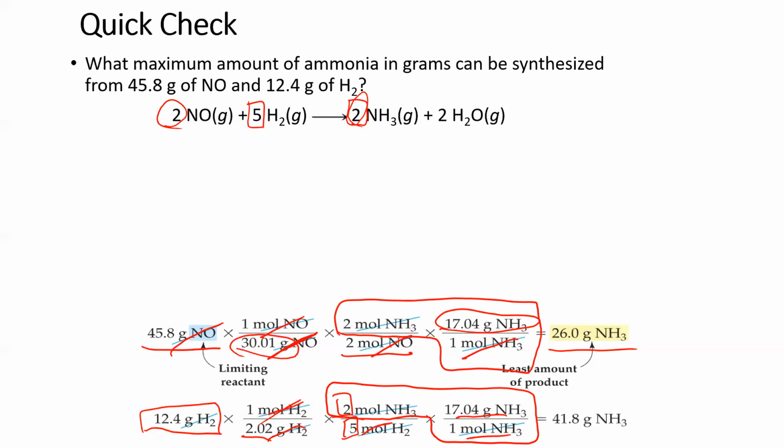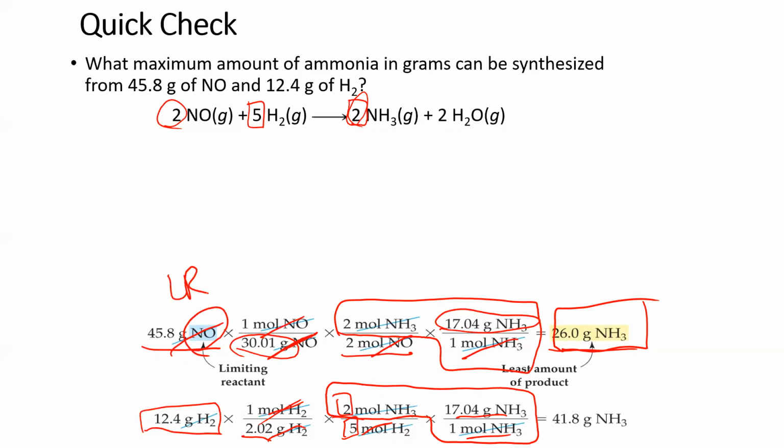So once you get to moles of ammonia, obviously the last conversion factor, which is molar mass, is going to be the same. So how do you pick your answer? We pick the smaller amount. So this 26.0 grams of ammonia is my theoretical yield, and my limiting reactant is the nitrogen monoxide.